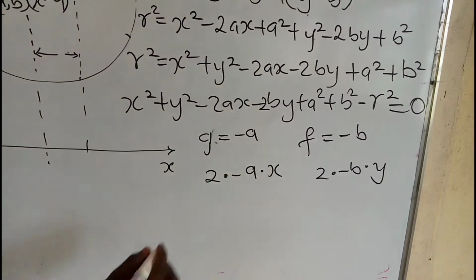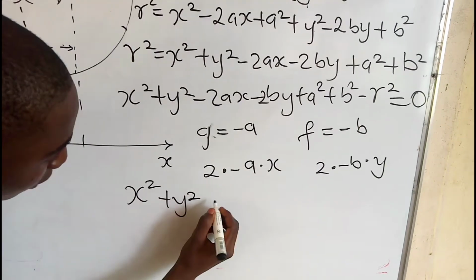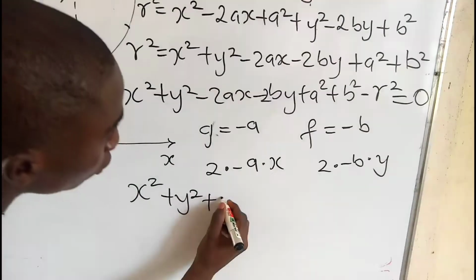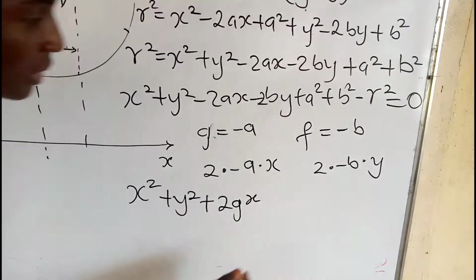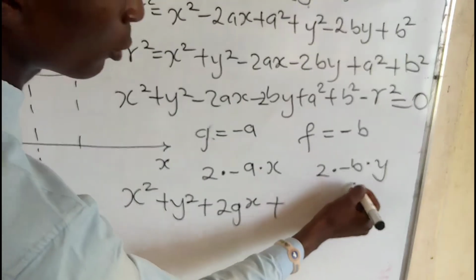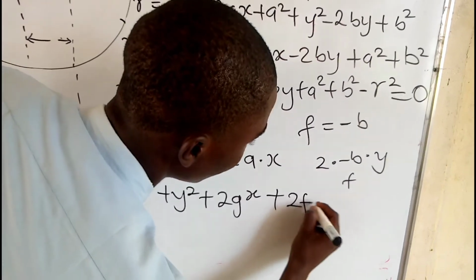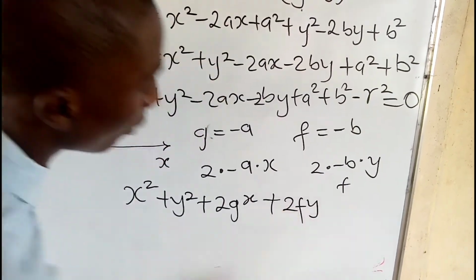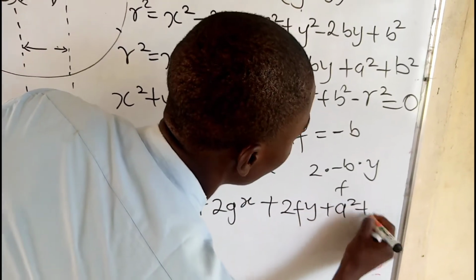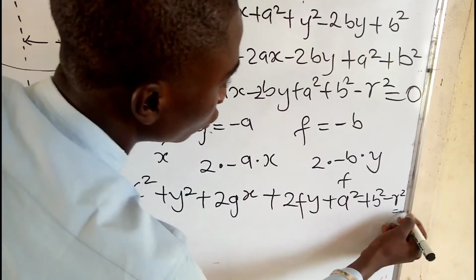So let's apply this here. Now I'm having x squared plus y squared plus, because we are replacing it with a positive g, 2gx plus, we replace negative b with f, making it positive, 2fy plus a squared plus b squared minus r squared, and they are all equal to 0.